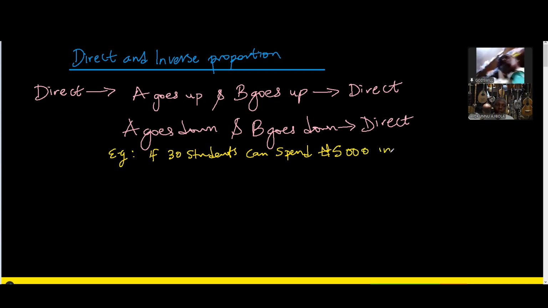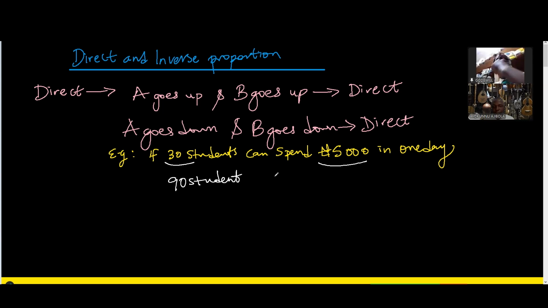What are the two quantities here? The number of students and the money spent, right? So if they're going to spend money at the same rate, what will happen if the number of students goes up to 90 students? Will the money reduce if they spend at the same rate?